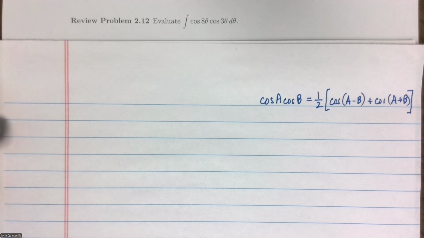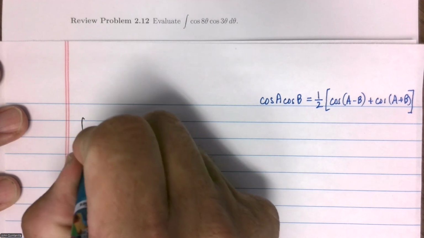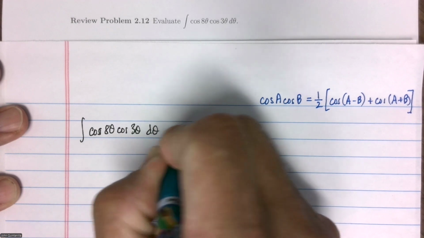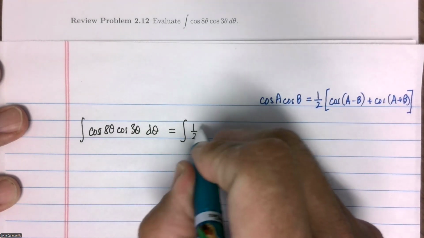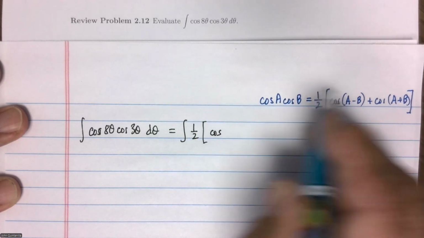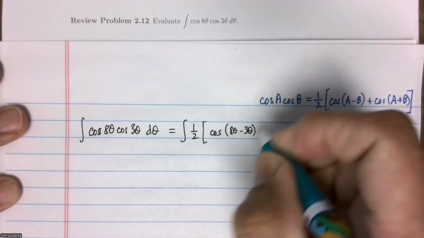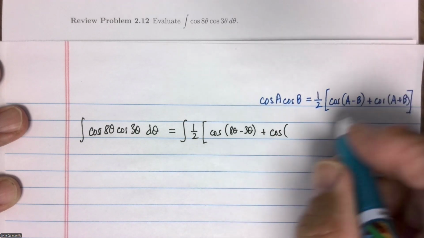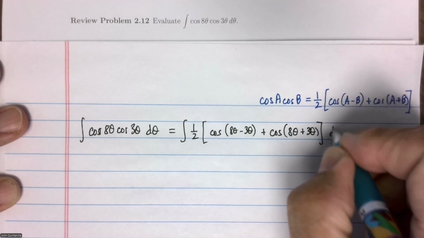So for this problem, using the identity, we have that the integral of cosine of 8 theta times the cosine of 3 theta d theta, according to the formula, is equal to 1/2 times the cosine of the difference of the two things, so 8 theta minus 3 theta, plus the cosine of the sum of the two things, 8 theta plus 3 theta, d theta.